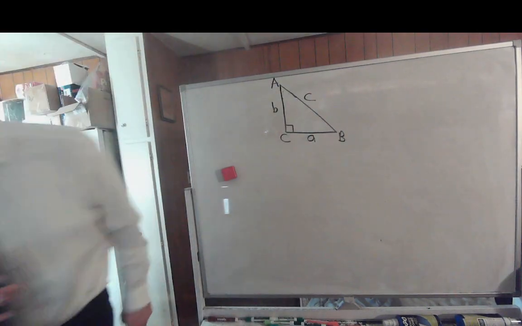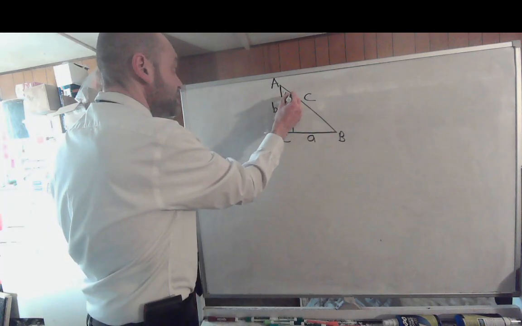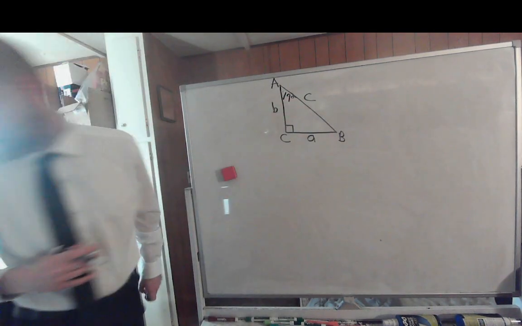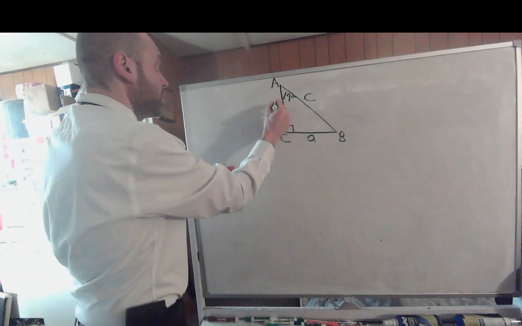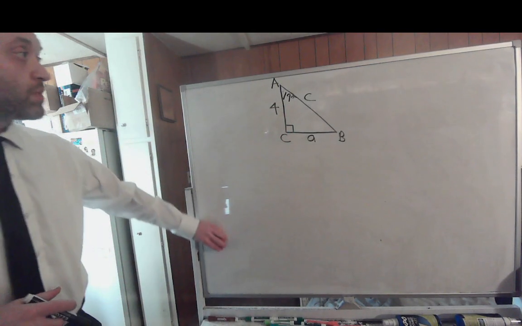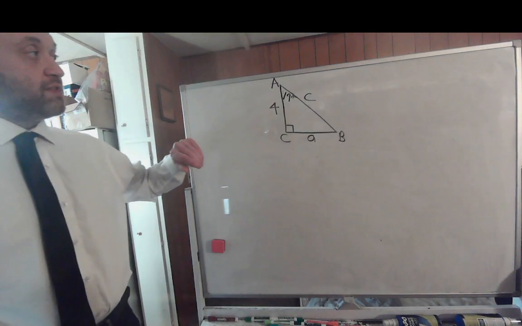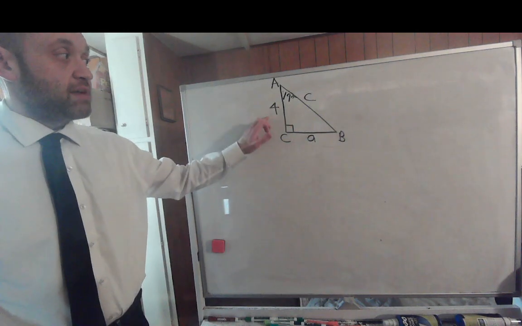Let's see what we got here. We got angle A this time is 19 degrees. We got that side B equals 4. Alright, so we are given this triangle where angle A is 19 degrees, side B equals 4.